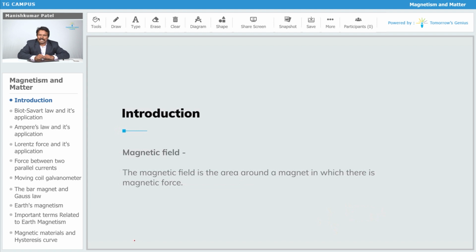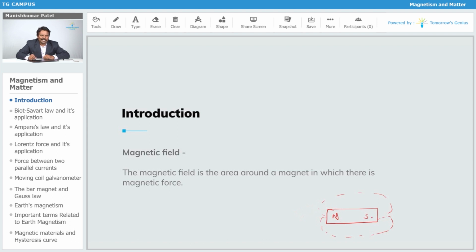Then, magnetic field. If I consider, let's say, this is the magnet, then definitely it is going to produce a certain field around it, where other particles like iron, cobalt and nickel will experience some force.